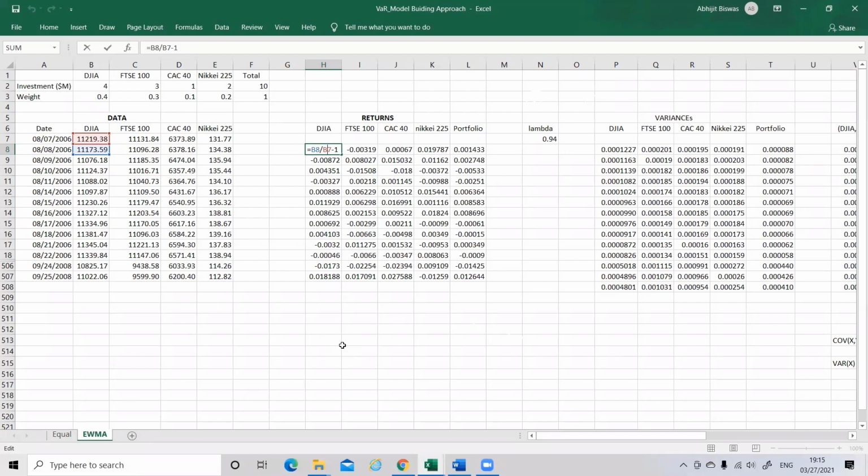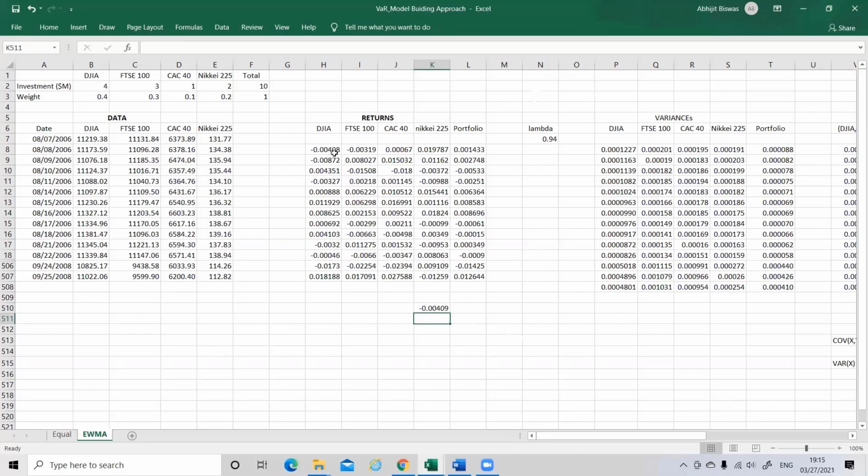And in the last class, I told that here we are not using continuous compounding, right? If you use continuous compounding, the formula will be ln in bracket B8 by B7. That's it. And if you do so, you will see that we are going to get almost the same answer. If I do ln of B8 by B7, it will give you almost the same thing, 0.00409.